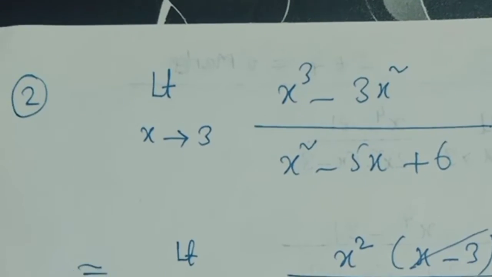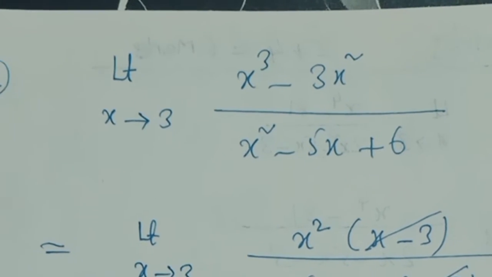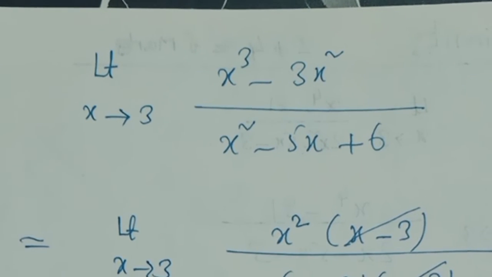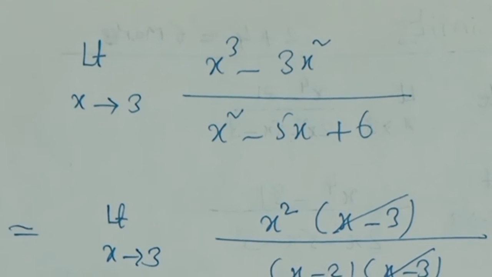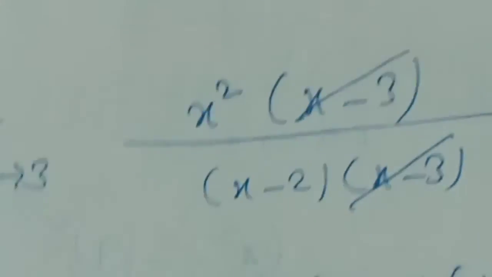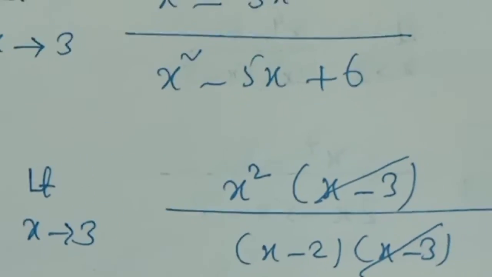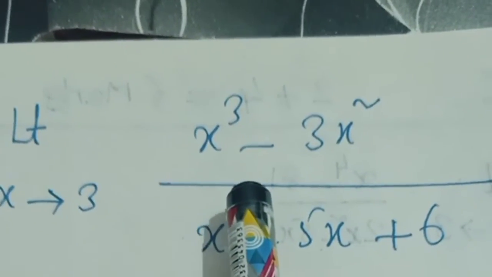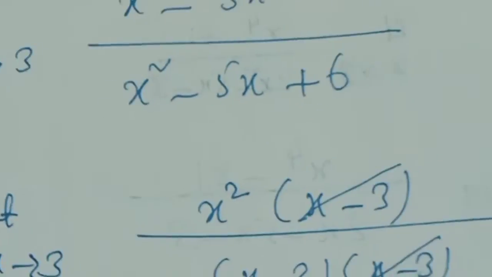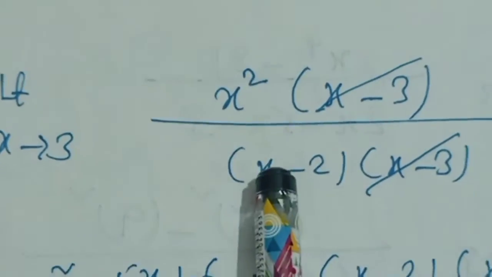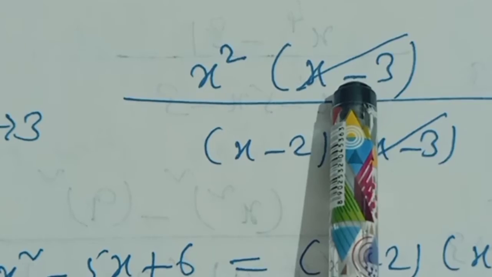Second one: limit x tends to 3 of (x cube minus 3x square) by (x square minus 5x plus 6). Here we want this one. Now first, in the numerator we take x square common, and we get x minus 3.